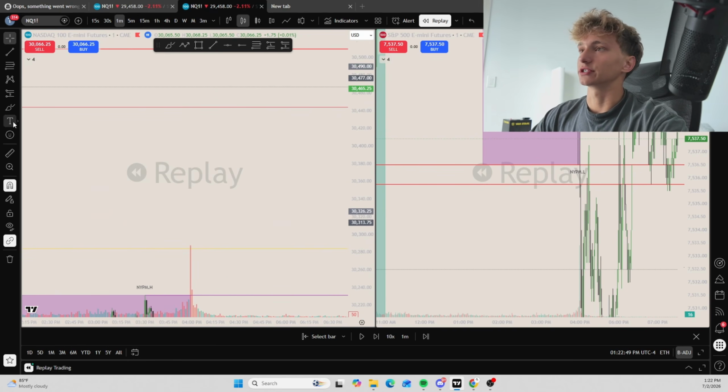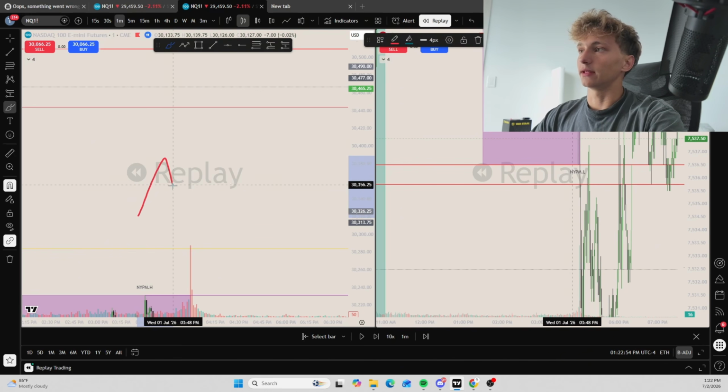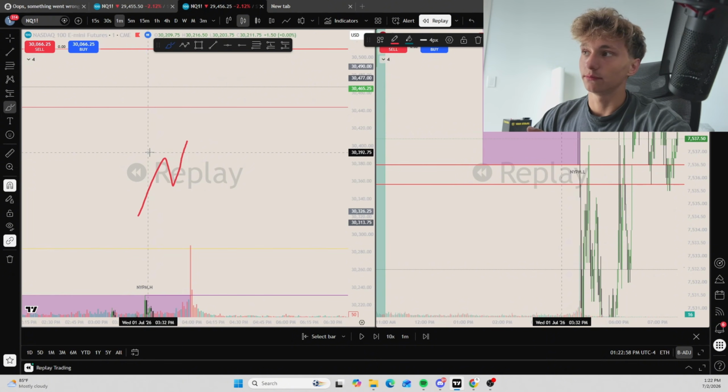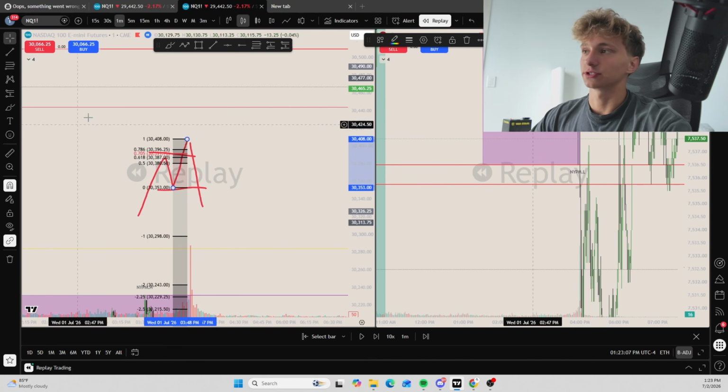What does this mean? If the market's moving like this and it makes a high, a manipulation is a sweep of the high, meaning we sweep the high, and a break of the low, meaning we break past that low again. The manipulation would then be drawn like this, backwards.